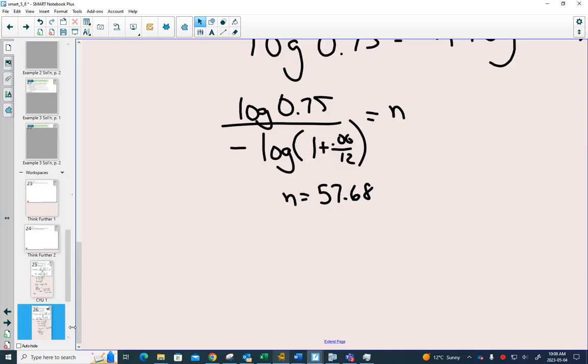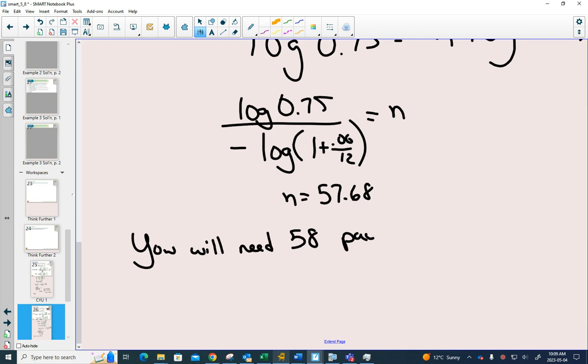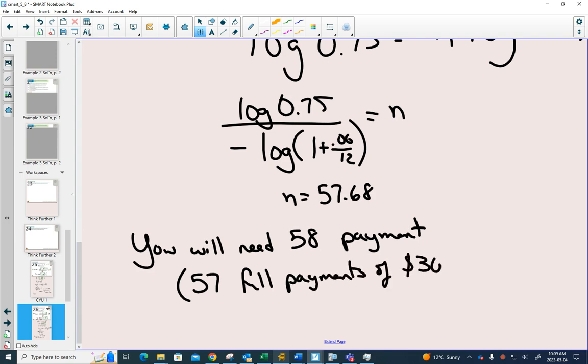Because of that, you'll need 58 payments: 57 full payments of $300 and 1 partial payment.